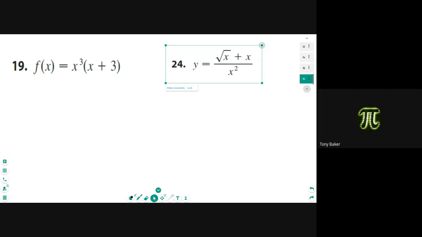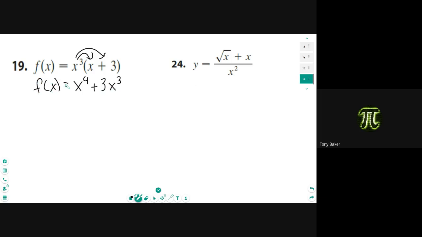So algebra first. Just distribute. So x to the fourth, 3x to the third. And that's still f of x. I haven't done the derivative or anything else to it yet.